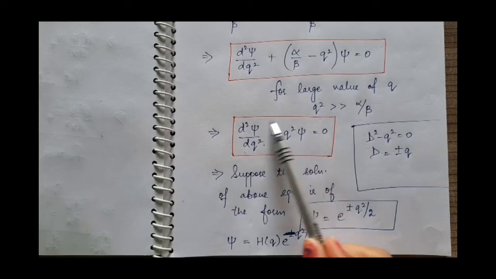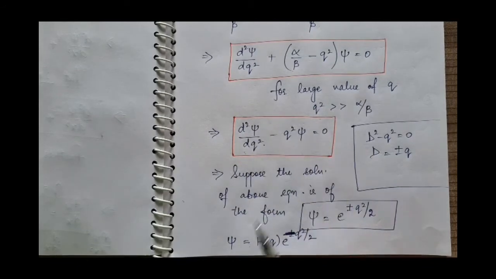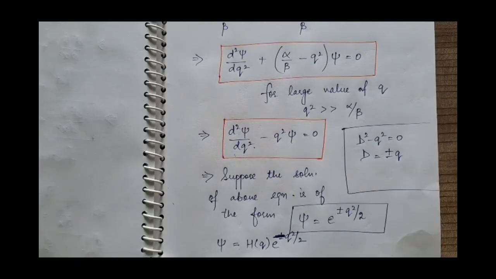So the solution of this differential equation we have supposed is psi is equal to hq, the Hermite polynomial in terms of q, times e raised to power minus q square by 2. Now we have psi in terms of hq, and we will put this value here and calculate d square psi by dq square in terms of h.